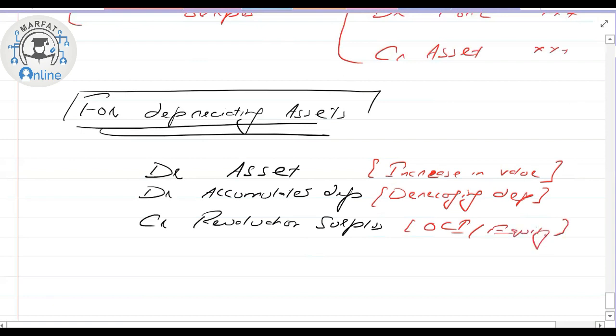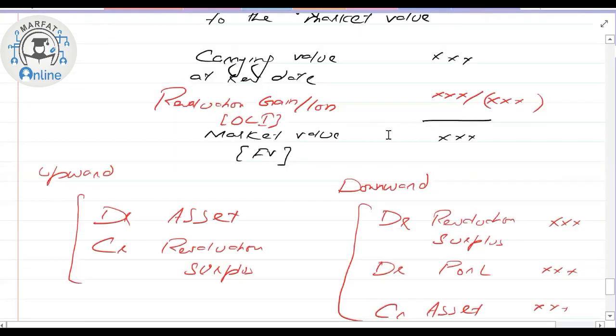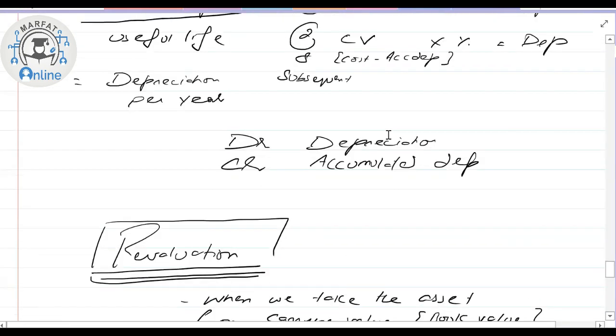Now remember this thing, that when we are doing the revaluation, we will be de-recognizing previous accumulated depreciation. When we do the entry, we debit depreciation and credit accumulated depreciation.